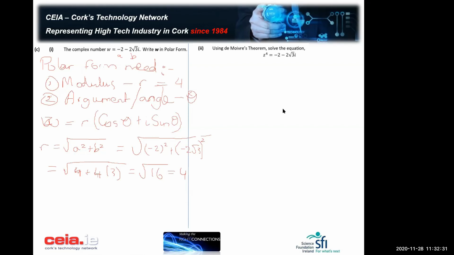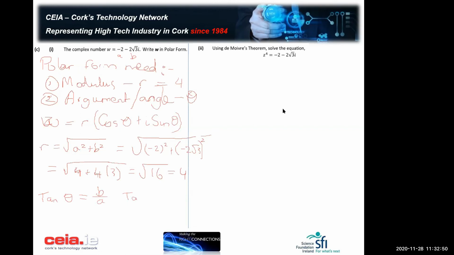What's the angle that it makes with the x-axis? Well, what's the formula for an argument? It is tan of theta is equal to b over a.